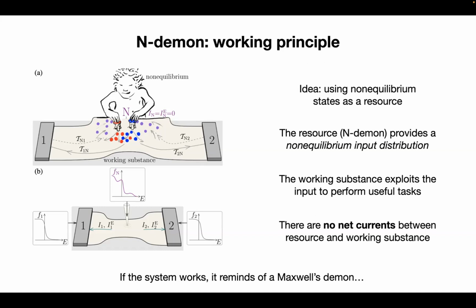And of course, the paradox is resolved quite quickly, because the point is that this end part is a non-equilibrium system, and there you can have the entropy production, which will compensate for the entropy reduction that you get in the working substance when you, for example, run it as a refrigerator.